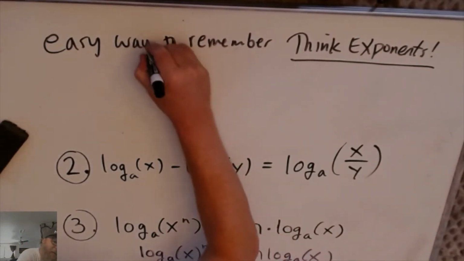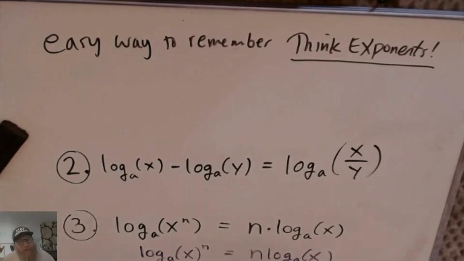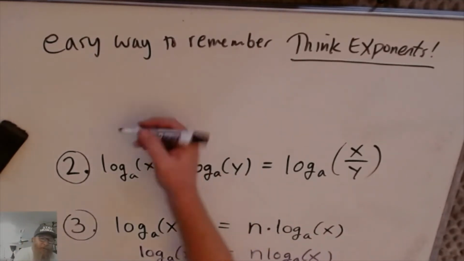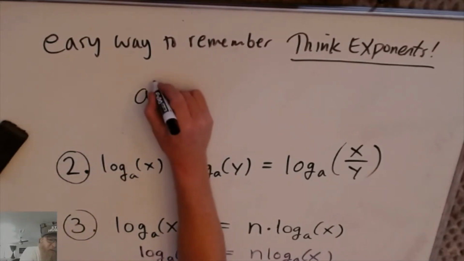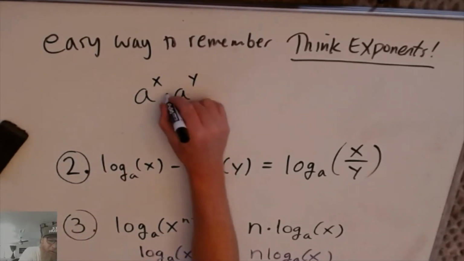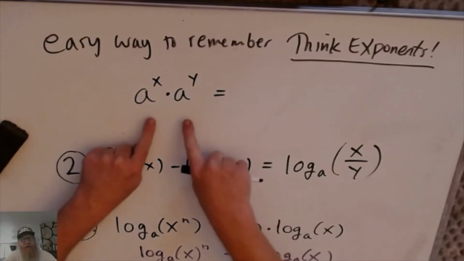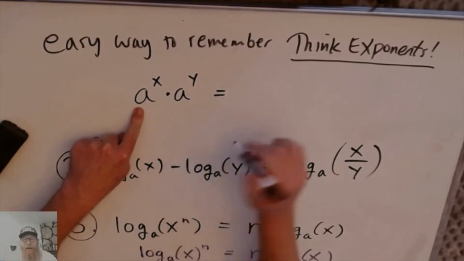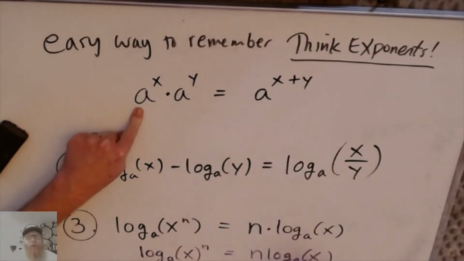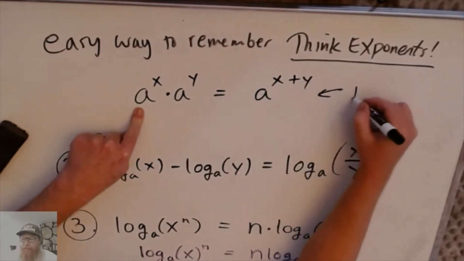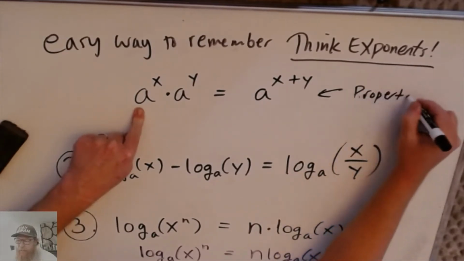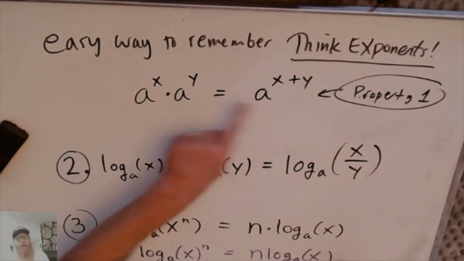So you're not going to get it completely free, but I think the rules of exponents hopefully have been hammered home so many times over the last, I don't know how many years you've been in school, that you have those pretty well understood or at least memorized to a point. So if you forget the sum rule, all you have to do is remember the rule of exponents. Well, if you had a^x and a^y, that would be the same as a^(x+y). So this is the same as property number 1, the sum and the product.